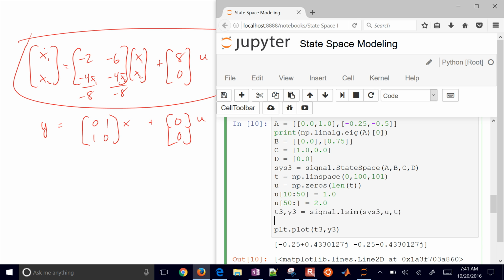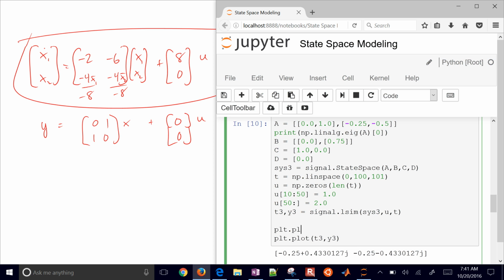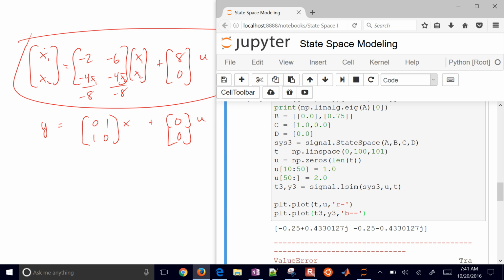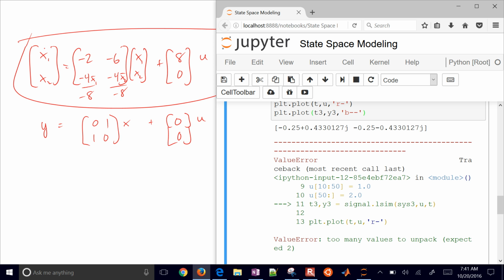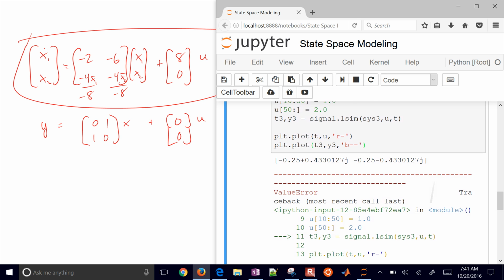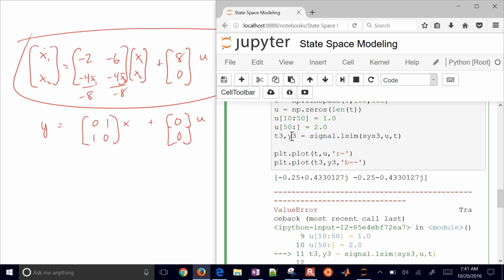So let's go ahead and just plot our T and U, and we'll do that with a red line, and then this one with a blue dashed line, just to be able to see the differences between those. Okay, so let's see, too many values to unpack. Oh yes, so one other thing with LSIM is that it also returns the states as well.